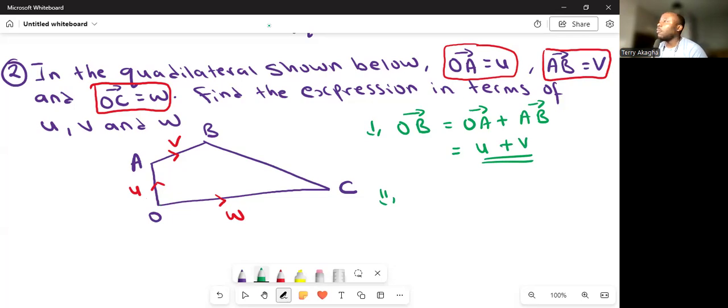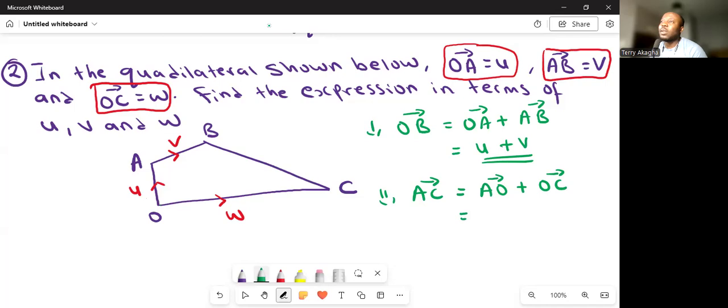Then the next one, we're told to find AC. So I want to move from A to C. So that means to move from A to C, I have to first go from A to O. Then I take O to C. Are you seeing it? So that's the same principle of taking a taxi. After you take a taxi, then you now take a bus. Then AO.